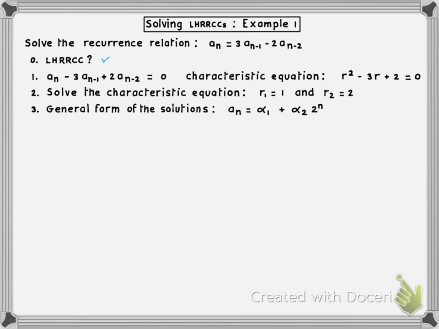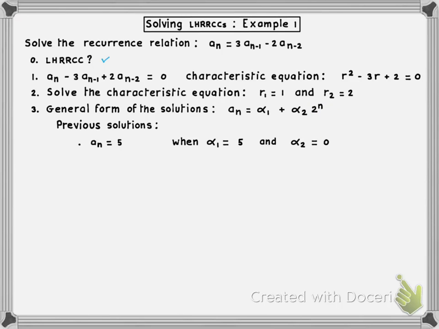Now remember that we already discussed this recurrence relation, and in particular we discussed several solutions in a previous segment. Remember that one of the solutions had the form a sub n equals 5. So how can we produce that particular solution using this general form? In other words, what values of alpha 1 and alpha 2 should you pick for a sub n to be equal to 5? Well, you can take alpha 1 to be 5 and alpha 2 to be 0 in order for this power of 2 to disappear.